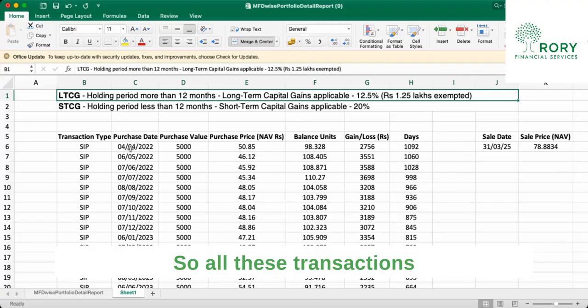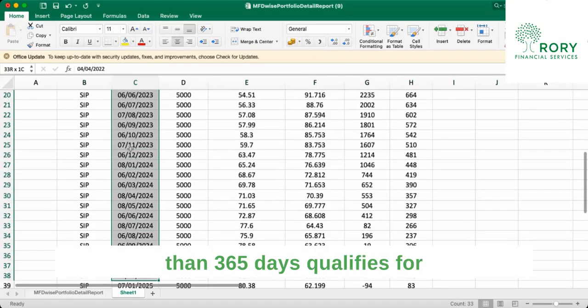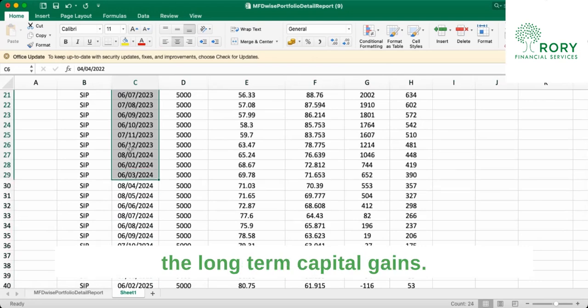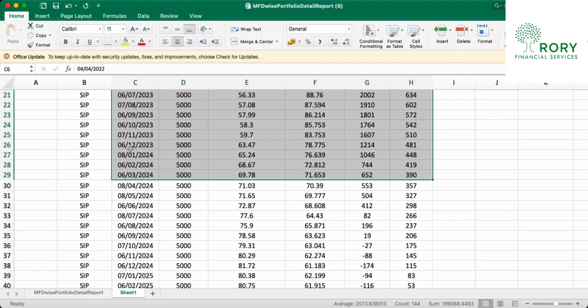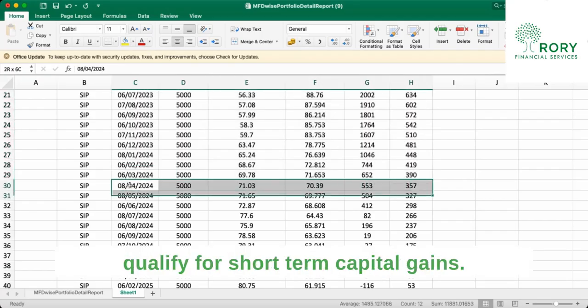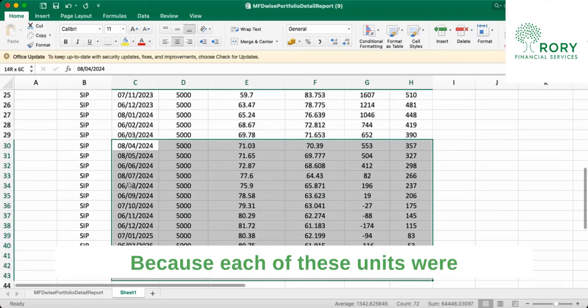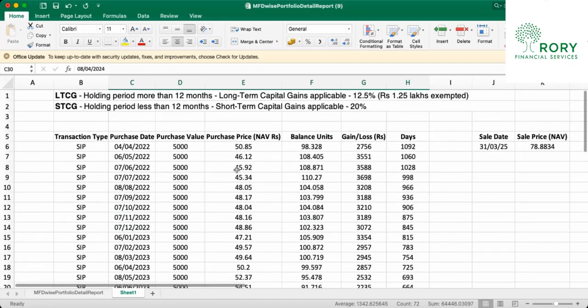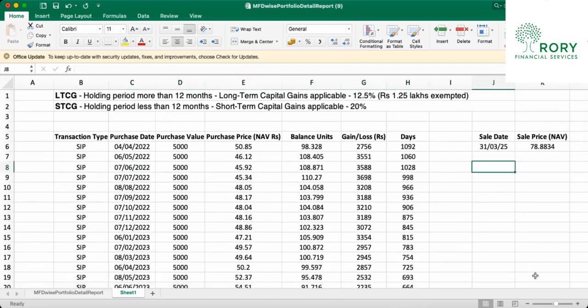So, all these transactions which happen more than 365 days qualify for the long term capital gains, whereas these transactions only qualify for short term capital gains because each of these units were held for less than 12 months. So, let's do the calculation here.